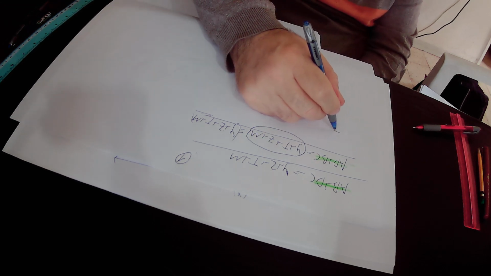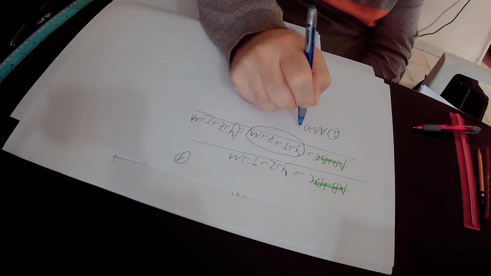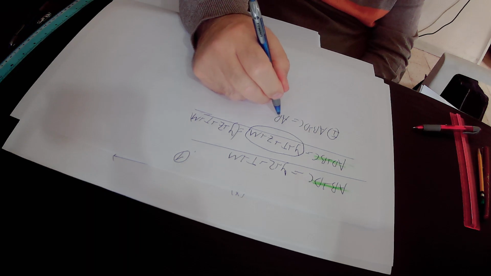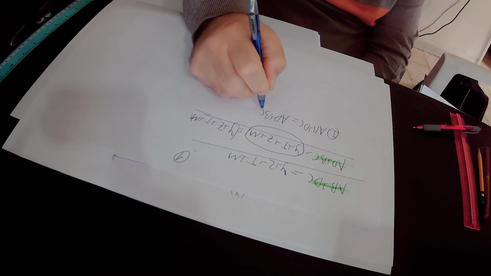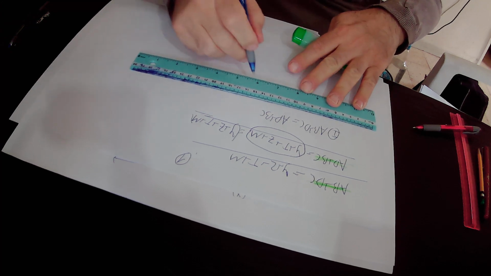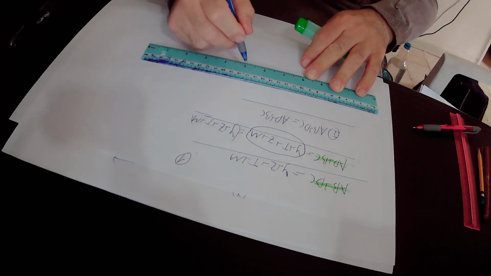That is to say, AB plus DC equals AD plus BC. This is equation 1. I repeat again, according to equation 1, AB plus DC equals AD plus BC.